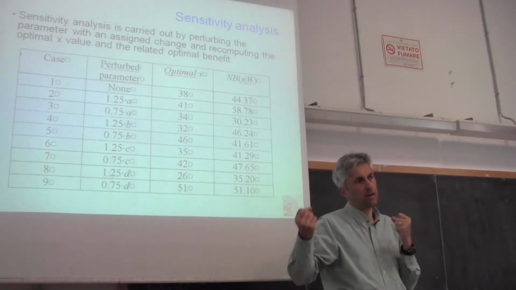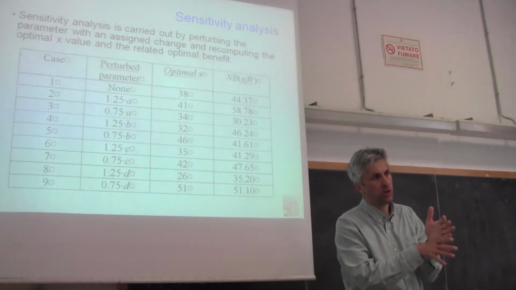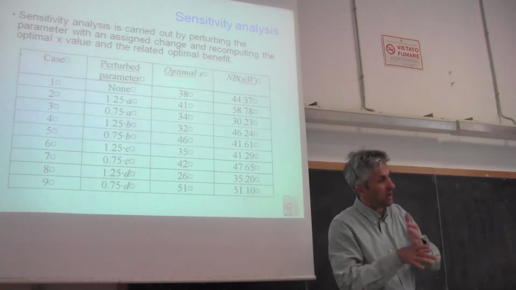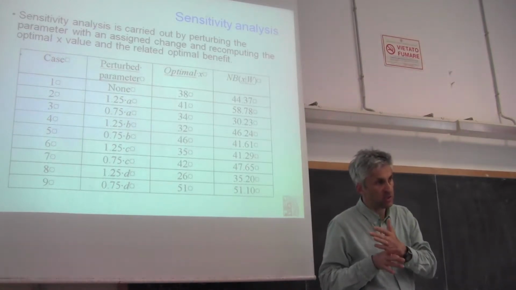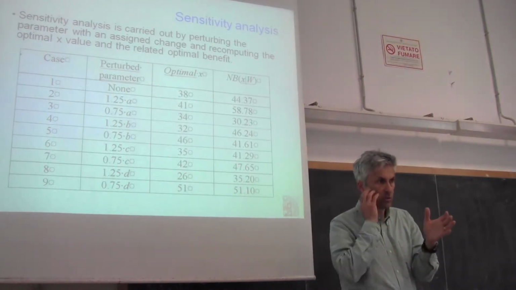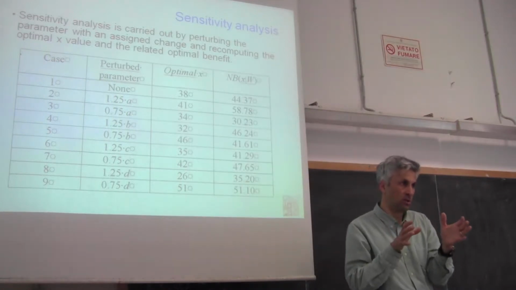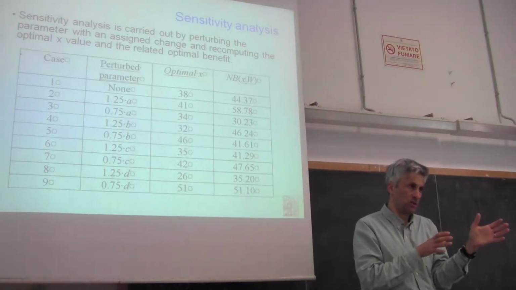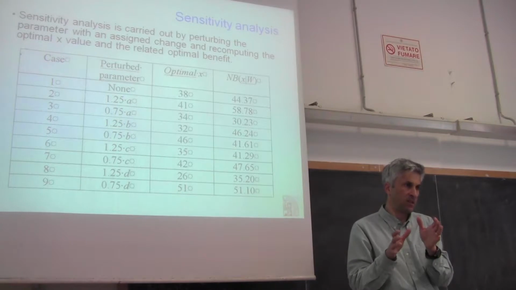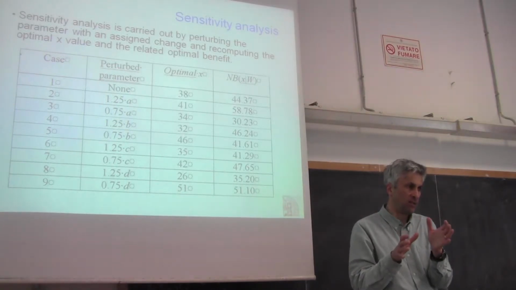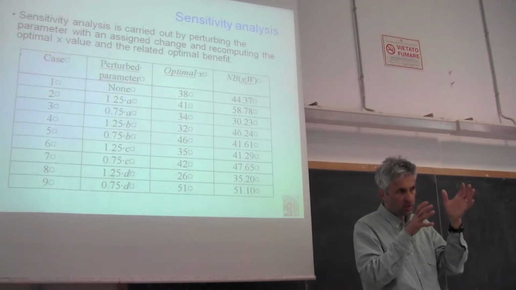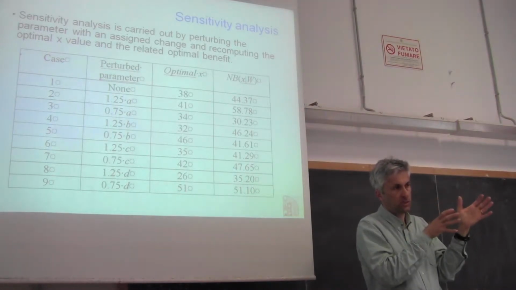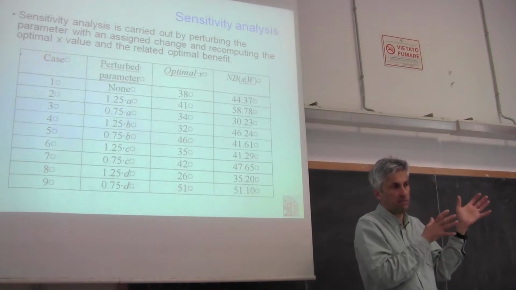Conversely, there are other parameters which lead to very similar allocation, but a different benefit. So assessing the sensitivity means that I'm trying to assess how sensitive the allocation and my estimate for the benefit are with respect to each given source of uncertainty, in this case, each parameter.